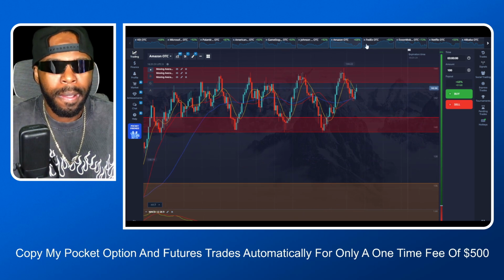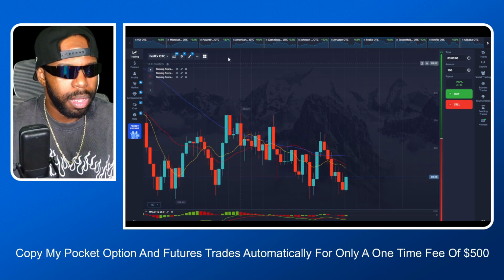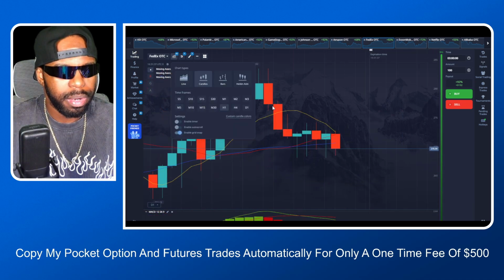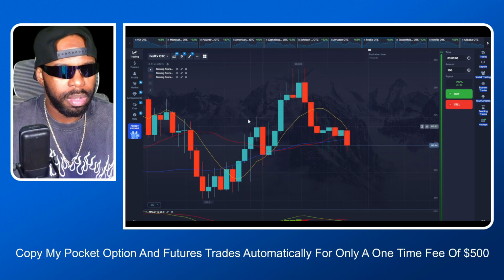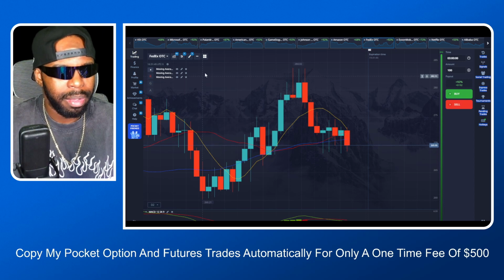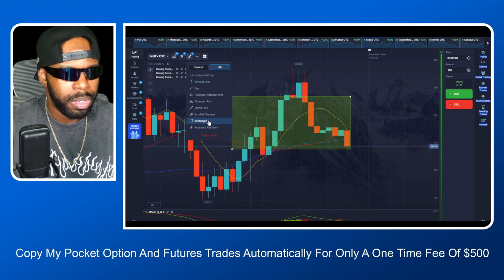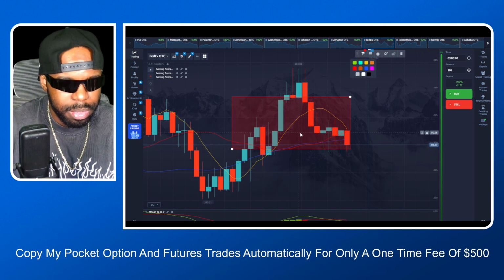Okay, I'll give you guys some more examples here. We'll go to the 1 hour chart, and again, what I want to do is look for the highest point and the lowest point between 8 a.m. and 5 p.m. Okay, so I'm going to get my zone here. I'm going to look for the highest point of today.